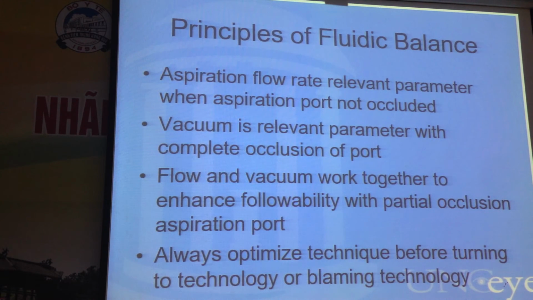The aspiration flow rate is the relevant parameter when the aspiration port is not occluded. Vacuum is the relevant parameter with complete occlusion of the port. With carousel phaco, flow and vacuum work together to enhance followability. And always optimize technique before turning to technology or blaming technology. It's not the machine's fault.